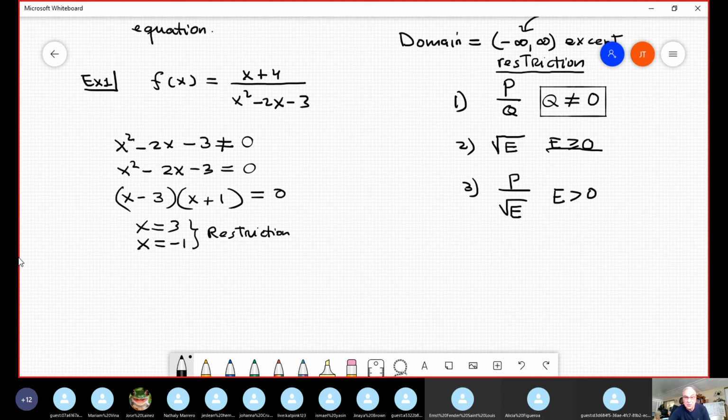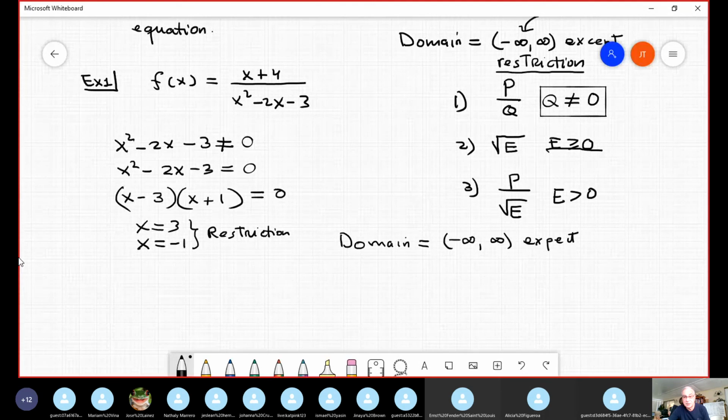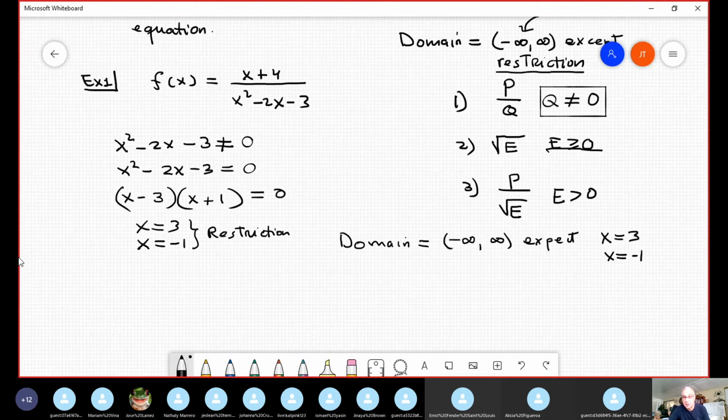Basically, the domain is all real numbers except 3 and negative 1. This is the illegal value, no? If you want, you can put not-equal and remove the word except. It's the same. You put the except and the bad guy.